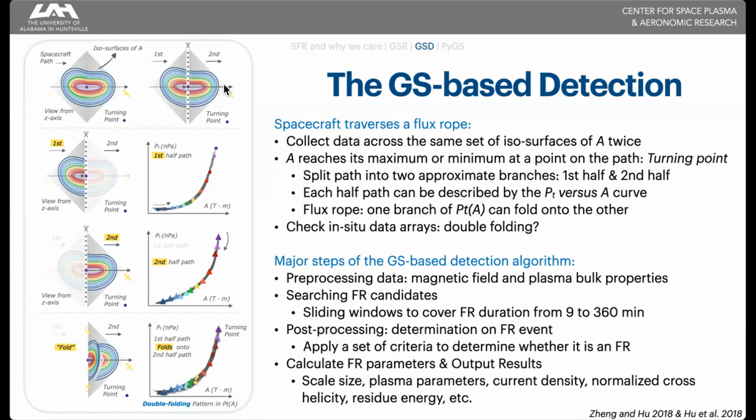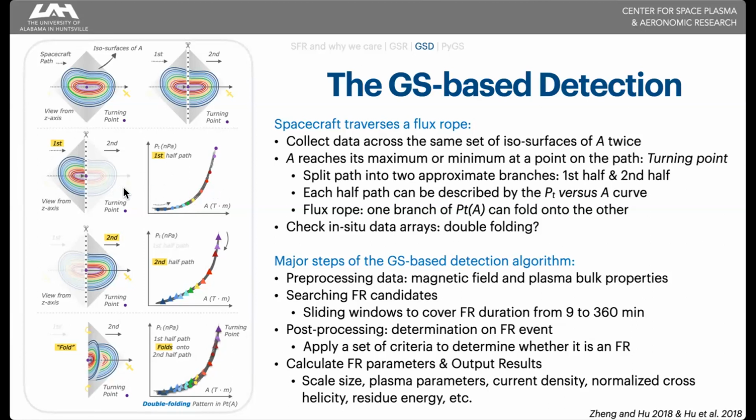Then along this spacecraft path, A will reach either maximum or minimum at one point. This point is also called the turning point. Then at this point, we split the spacecraft path into two approximate branches, the first and second half. Each half path can be described by one PT versus A curve. Notice that the colors on the left and right hand sides are corresponding.